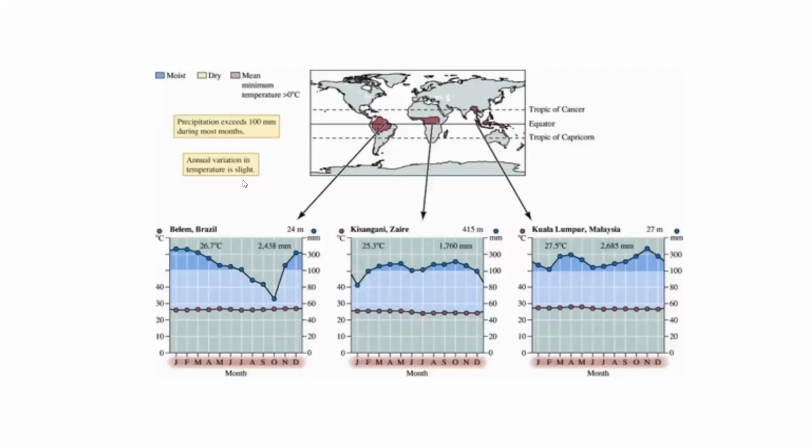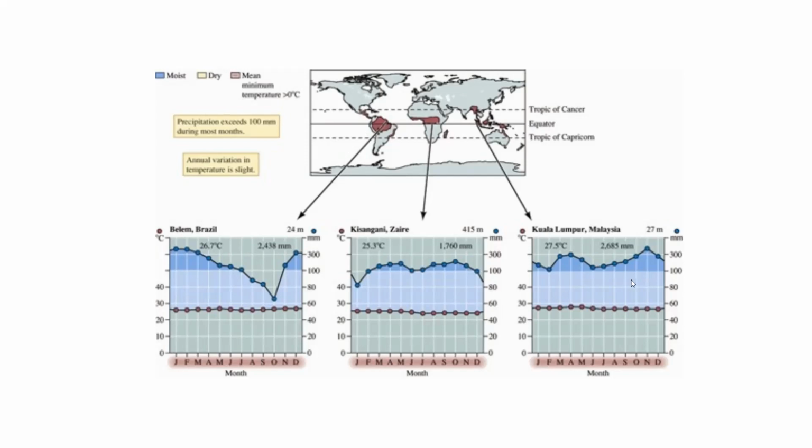And then this just shows a couple of different areas along the equator that are going to have similar biomes, because they're going to have similar environments. We can see they all have very consistent temperatures, because again, they're all located near the equator. So Brazil, Zaire, and Malaysia, you can see where they're located on this graph.